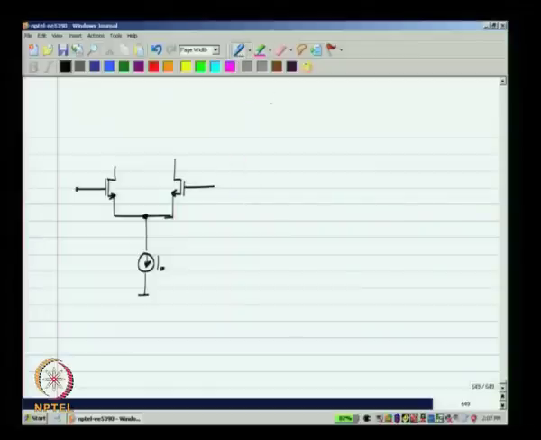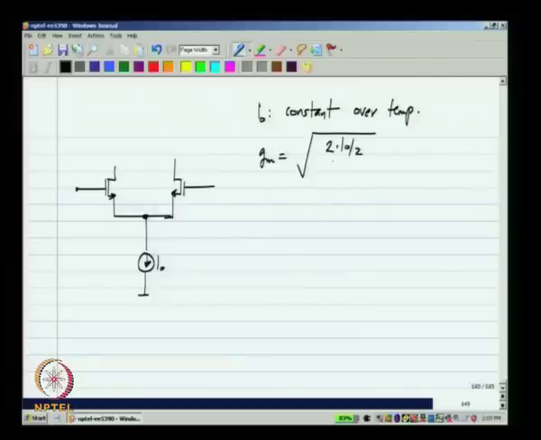So, what I mean is if I naught is constant over temperature, what happens is that Gm, which is square root of 2 times I naught by 2 times mu Cox W by L for this case, does vary with temperature.